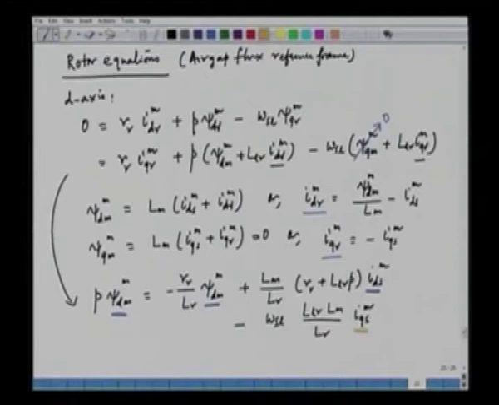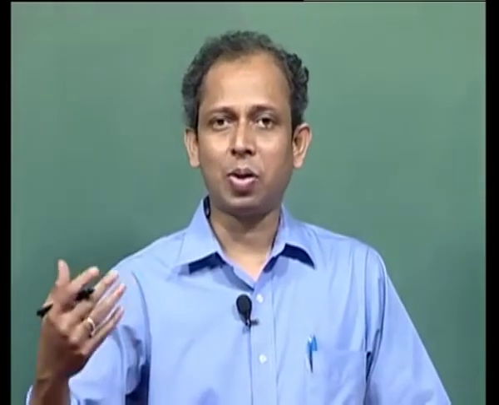It means we can say that IQSM is coupled to psi dm. This is a very interesting situation where IQS is coupled with psi ds. I have one current in the q axis and one flux in the d axis.